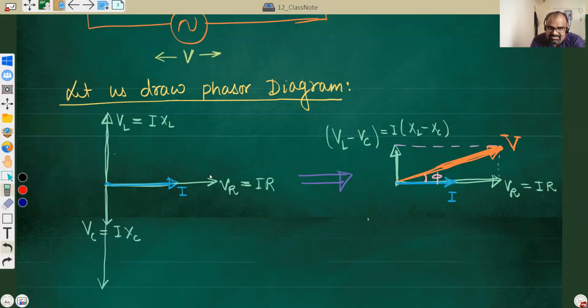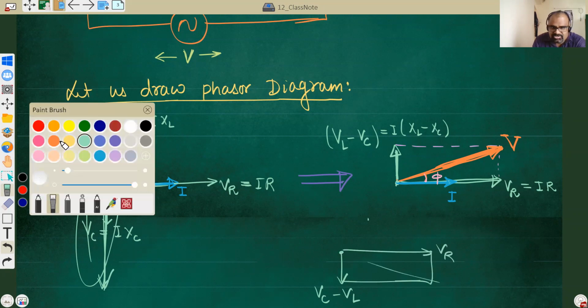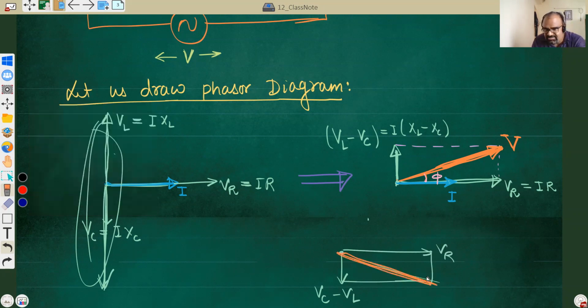Then when you add these vectors, you will get something left, and that will be VC minus VL, because this is greater than this, and this would have been VR, and the result would have been like this. So this would have been the source voltage, and of course current was like this only. So this time you can see that current is leading, or rather voltage is lagging behind the current.